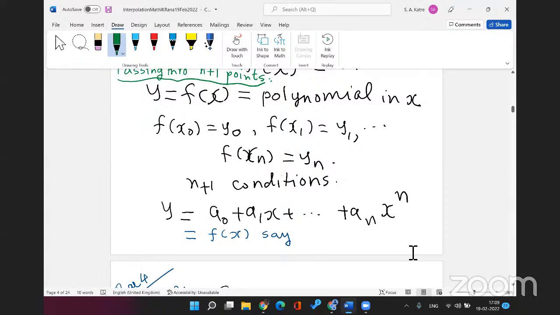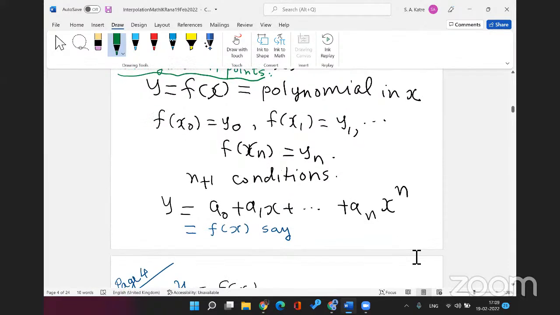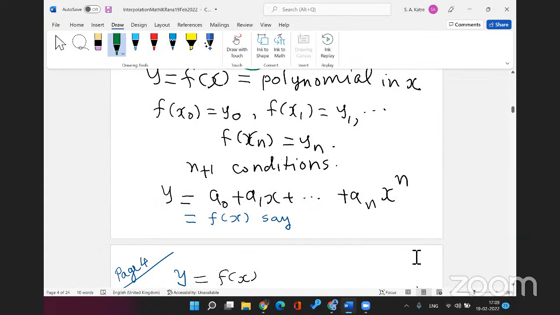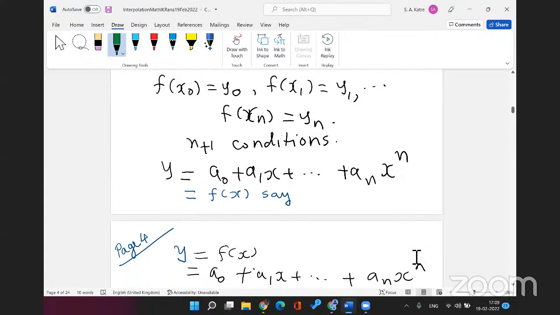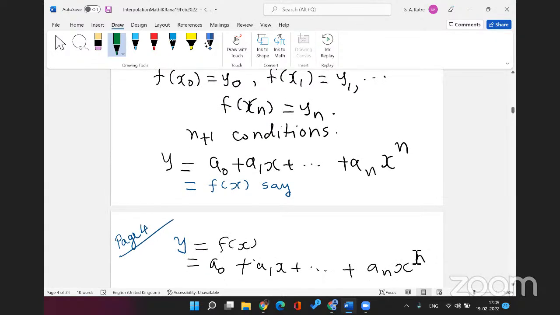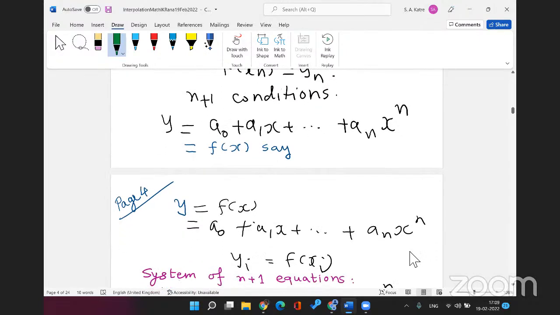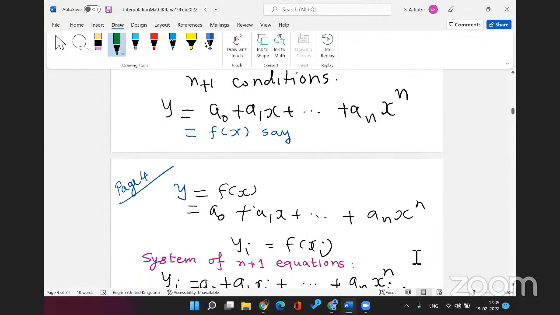So there are n plus 1 unknowns here, and n plus 1 conditions, and we hope to find these ai's. Here, for the vector space of polynomials of degree less than or equal to n, we are using a basis, 1, x, etc., x raised to n, and we are trying to write this polynomial f(x) in terms of this specific basis and find the coefficients a naught, a1, etc., an.